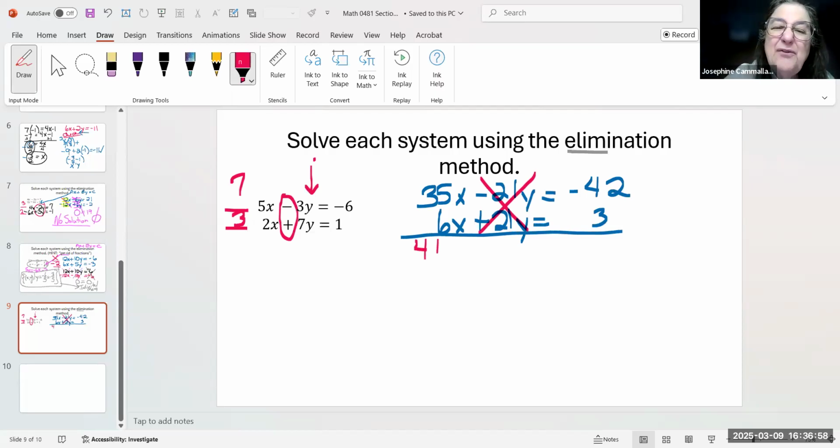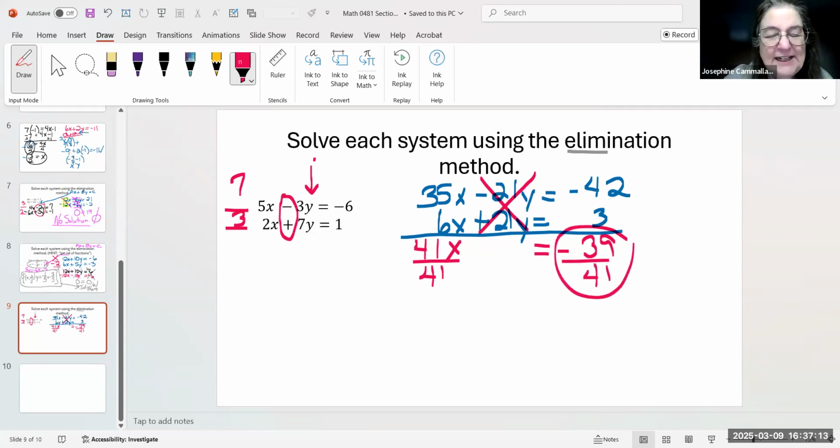This is going to give me 41x is equal to a negative 39. So when I divide by 41, this fraction is not a nice fraction. Okay, but you can take it back to the first equation and work with 41s. It'll also work that way. But this is telling me that x is equal to 39 over 41, and that's a negative.